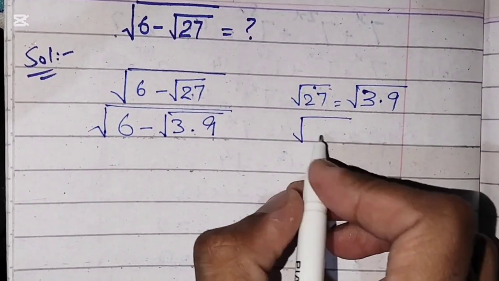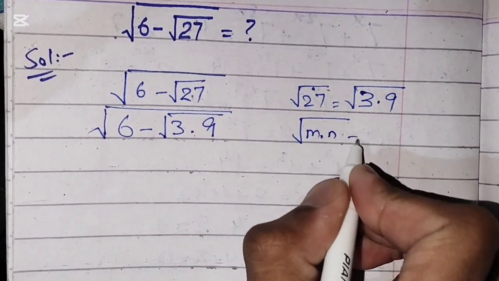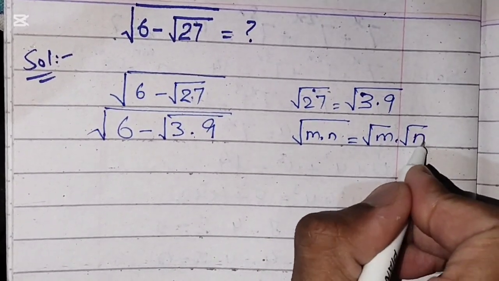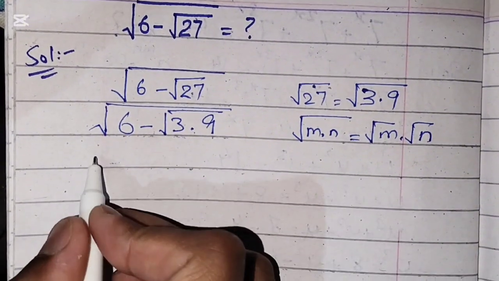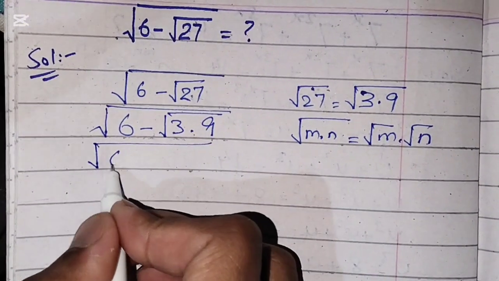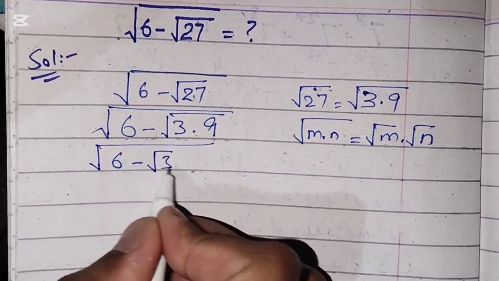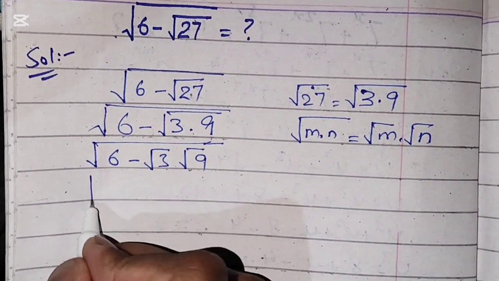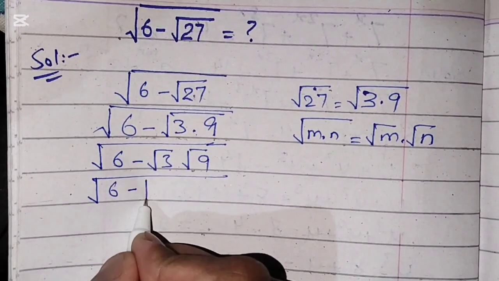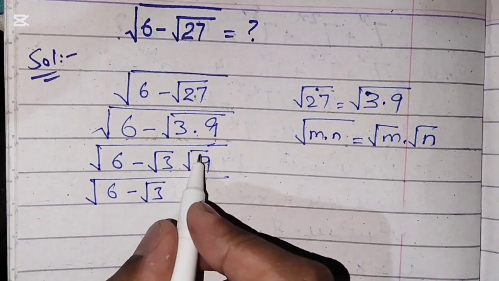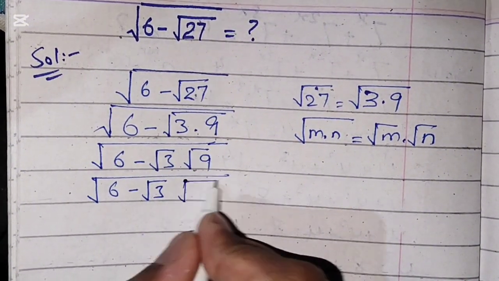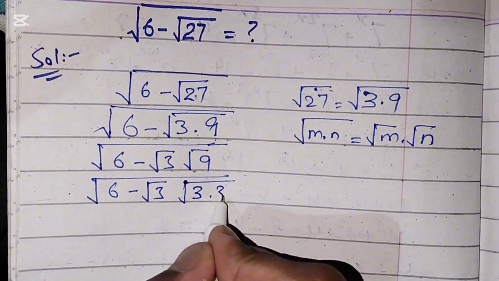We know that square root of m times n is always equal to square root of m times square root of n. So it will be square root 6 minus square root of 3 and square root of 9, and square root of 9 can be written as 3 into 3.